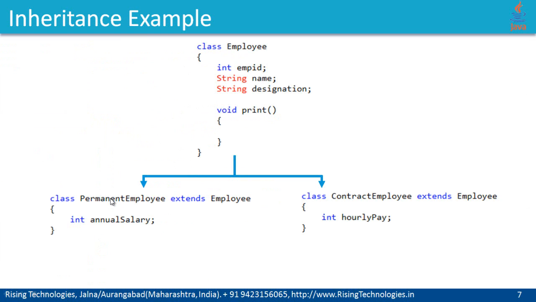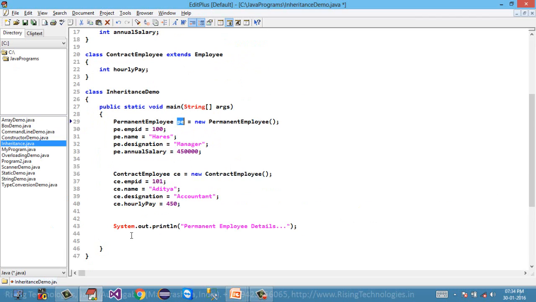So this print method is also a member of permanent employee class, so I can invoke that print method on permanent employee instance. Now I want to print the annual salary of this permanent employee, so let's print that. And permanent employee dot annual salary.